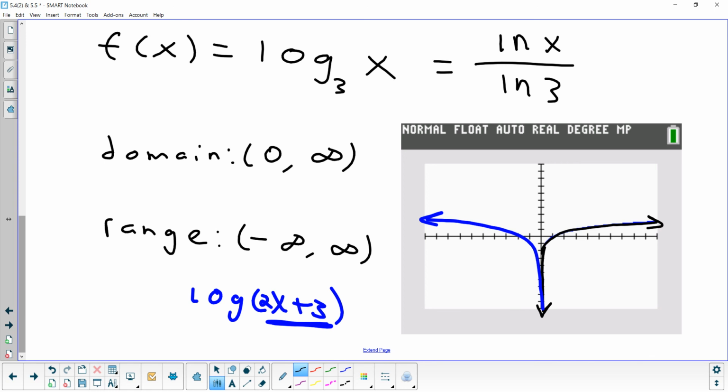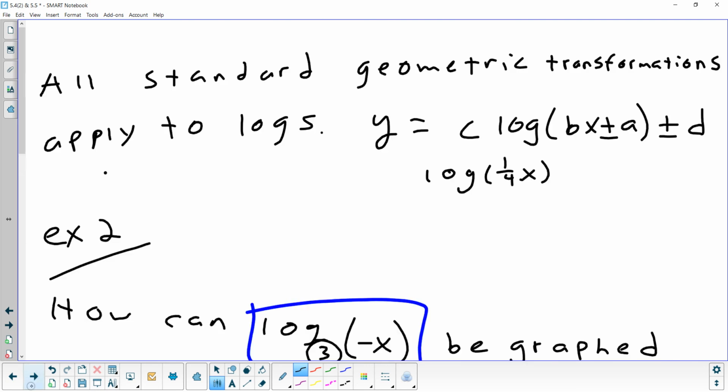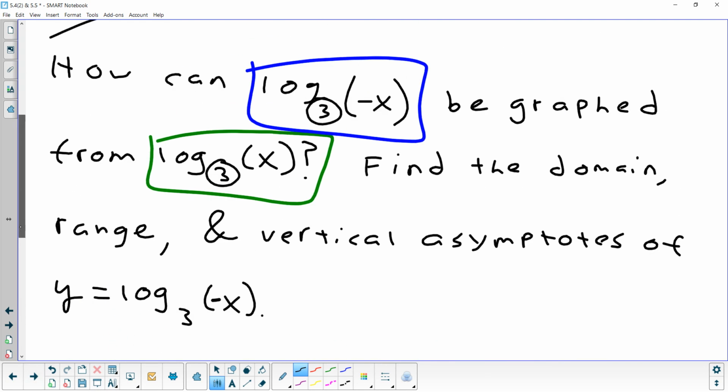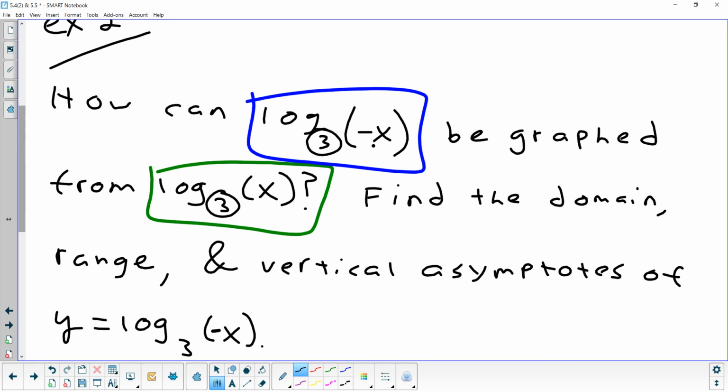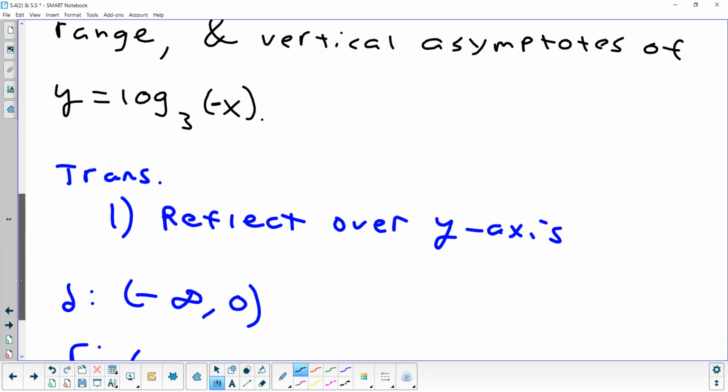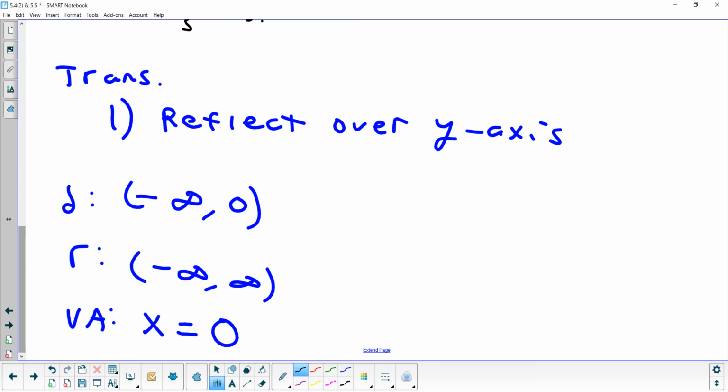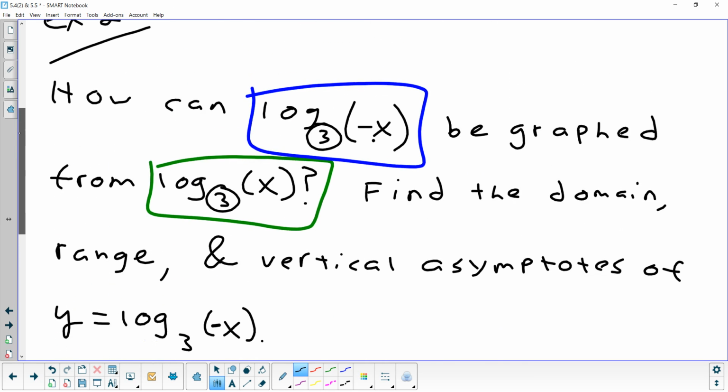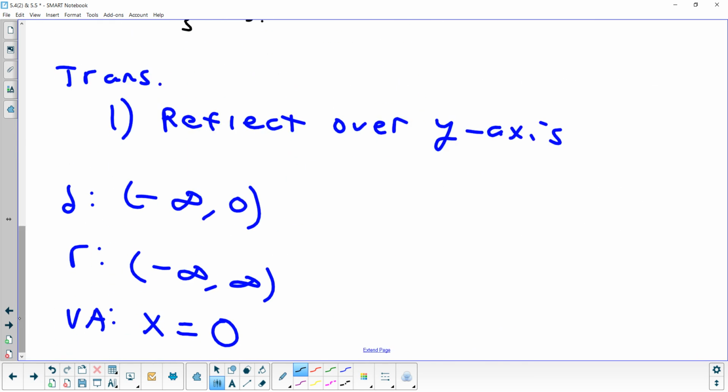So the vertical asymptote is whatever number you would plug in for x, and it would make what's in the parentheses come out to 0. So applying that to this, what would you plug in here to make what's inside the parentheses 0? 0. X equals 0. Okay. Any questions on that?